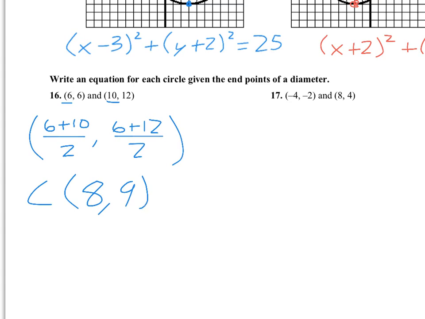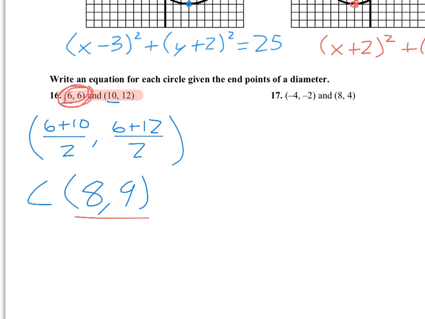There are a few ways you can find the radius. You could do the distance formula on these 2 points, but if you do that, that'll give you the diameter. So to find the radius directly, do the distance formula using the center and one of these points. So let's just stick with the one with smaller numbers.